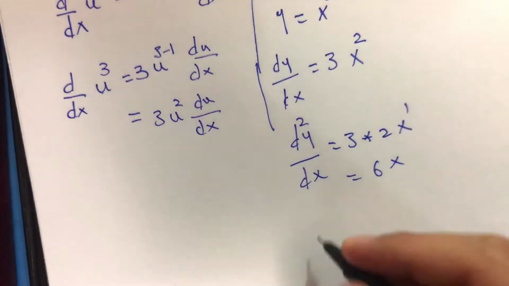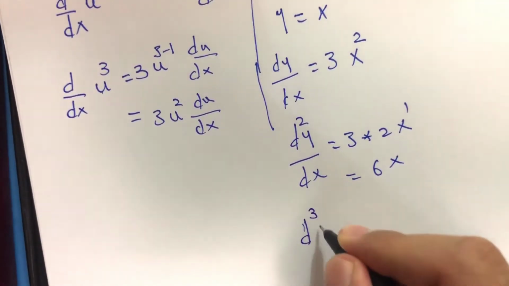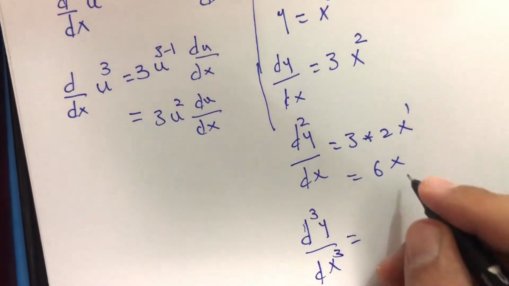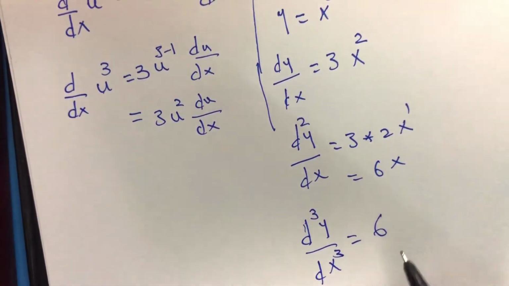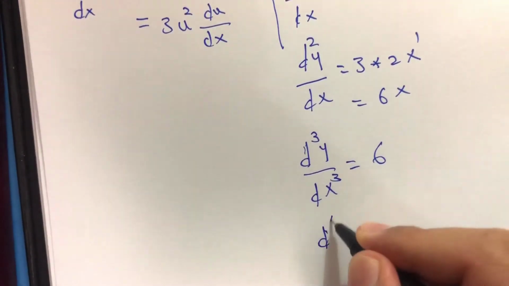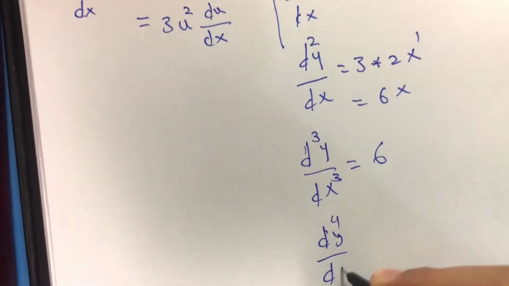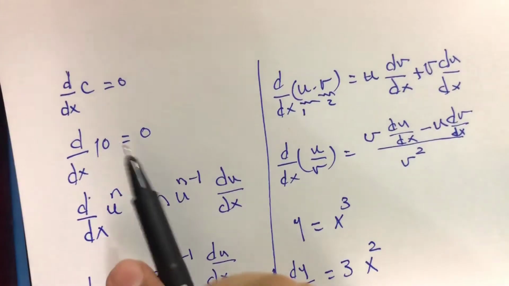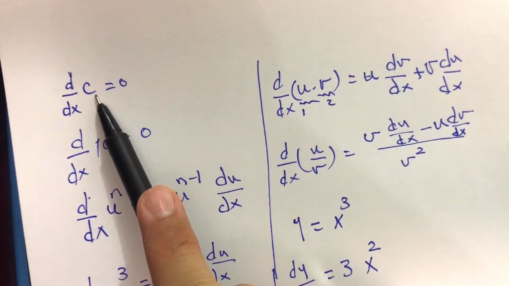And we also found the third derivative, d to the power 3 y by dx to the power 3, which is 6. Finally, the fourth derivative, d to the power 4 y by dx to the power 4, will be 0, because 6 here is a constant, and we say that the derivative of a constant is 0.